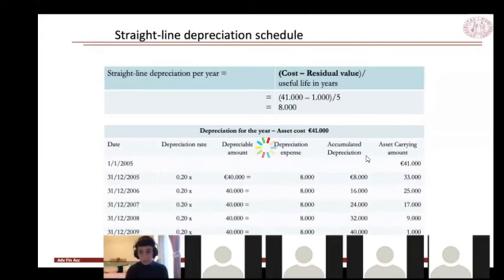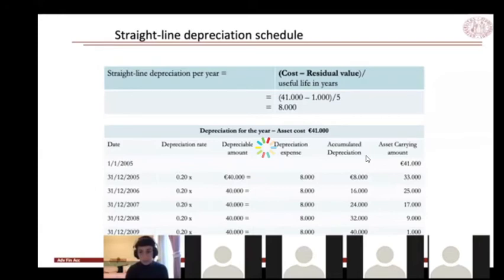Instead of arbitrarily dividing by the number of years that you expect to use the asset for, you are more specific in computing a revenue stream that the asset produces for the firm.